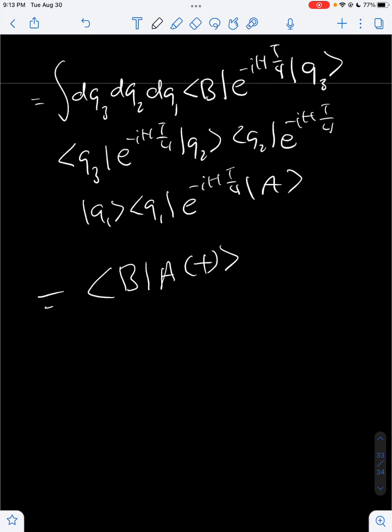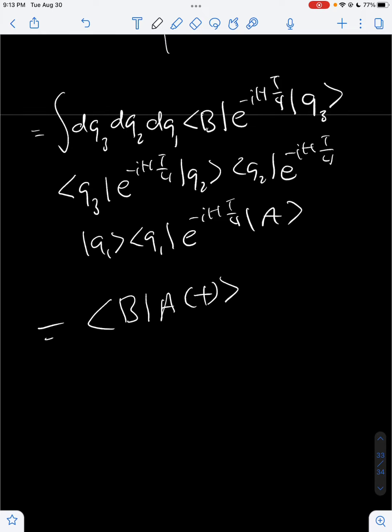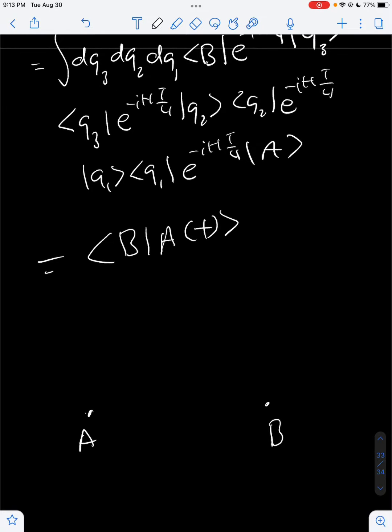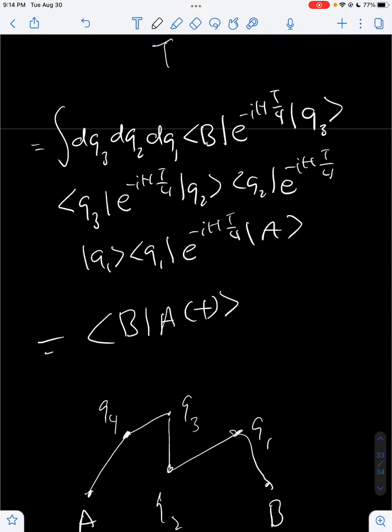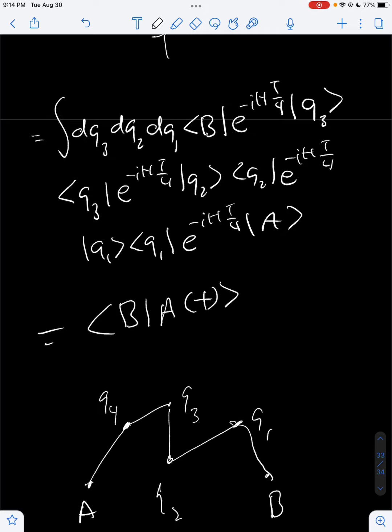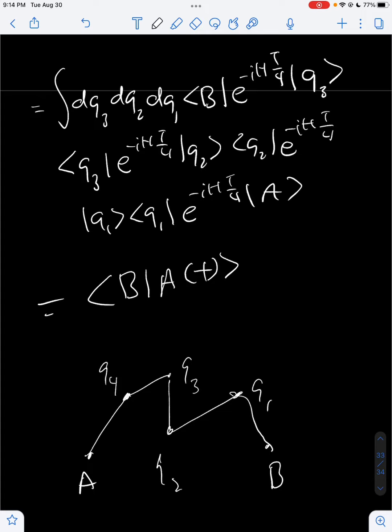And this corresponds to saying that the probability that we go from a to b in time t is the probability that we go from a to q3 in time t over 4, times the probability that we go from q3 to q2 in time t over 4, times the probability that we go from q2 to q1 in time t over 4, and you get the idea. We have another path here. We can go even further, but you guys are going to hate me if we just keep going forever, adding more and more points to the mix. But you get the idea.